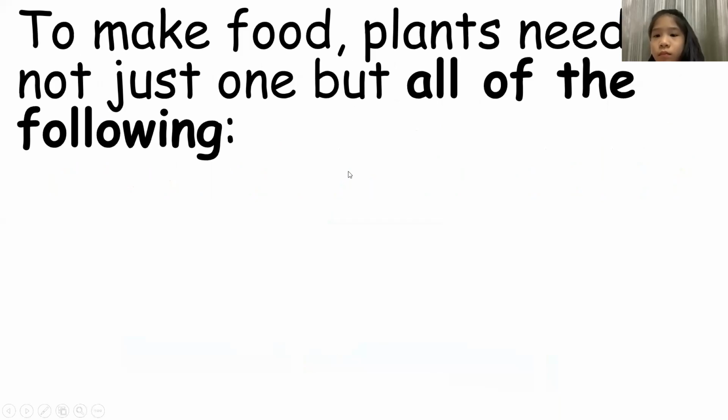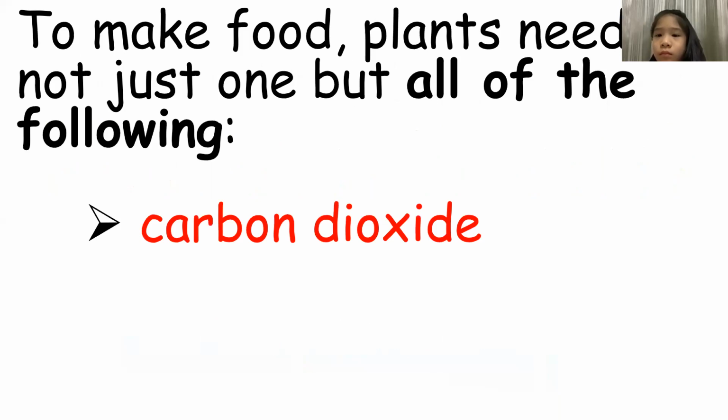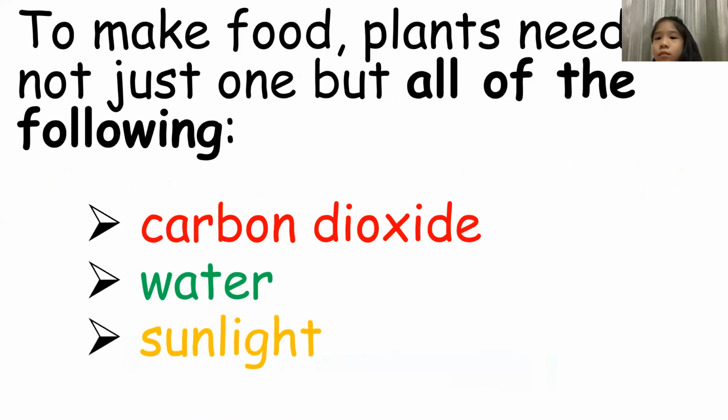Plants need these things in order that the process of photosynthesis will be done. We have carbon dioxide, we have water, and we have sunlight. These are the three components that you are going to put in your mind in order that plants can make their own food.